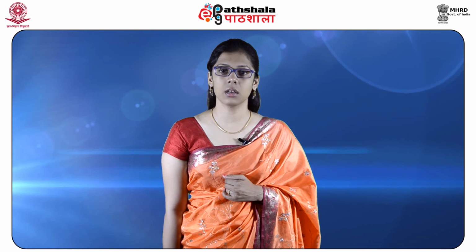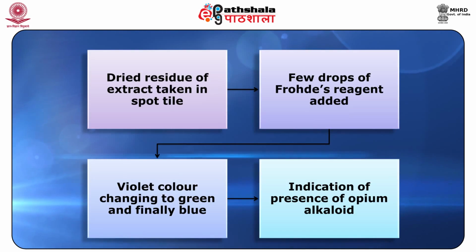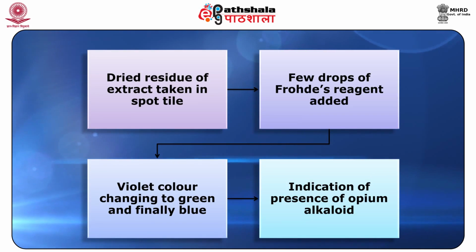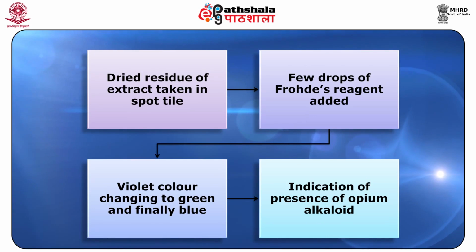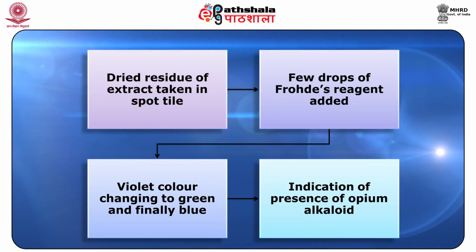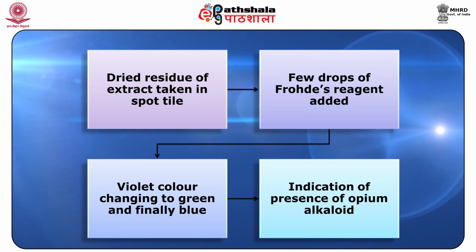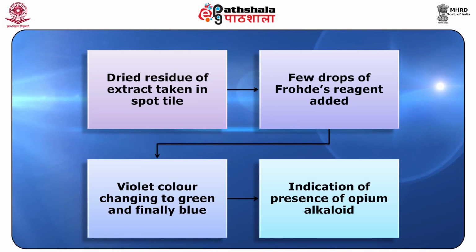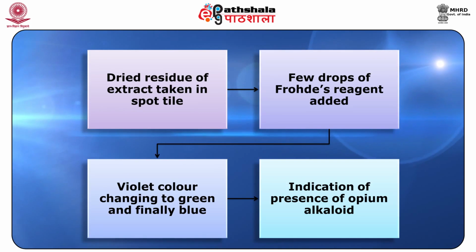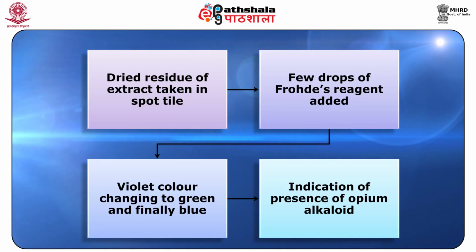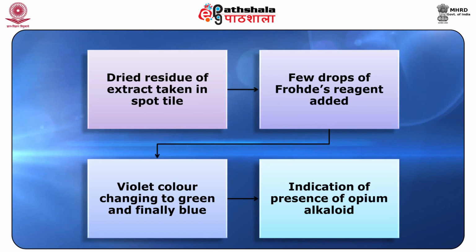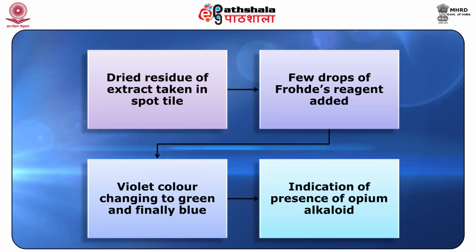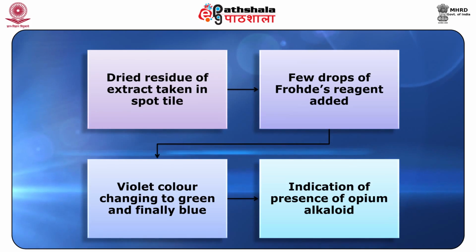Now let us see the procedure. Dried residue of the extract is taken in a spot tile and a few drops of Froehde's reagent are added to it. A violet color changing to green and finally blue gives the indication of presence of opium alkaloids.